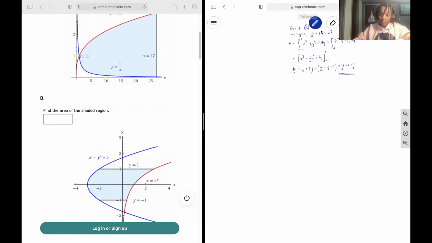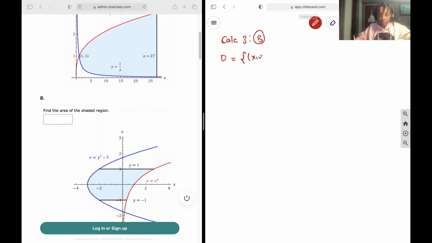If we use the calculus 3 method, again, we should get the same exact thing. So we, of course, first need to define D. We're in Cartesian. And x is going to be bounded now by this, and y is bounded by this.